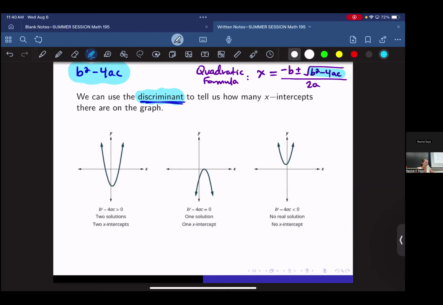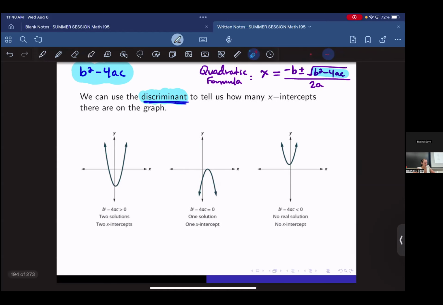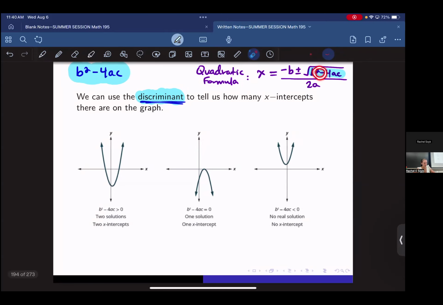If it's 0, then that plus or minus square root of 0 is just plus or minus 0, which means you no longer have two different solutions. You just have your solution of -b over 2a.